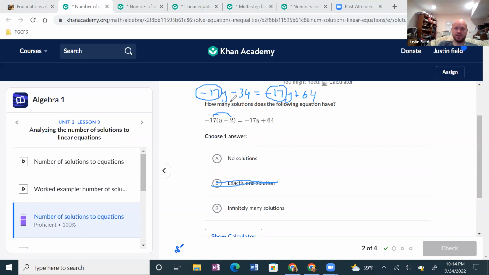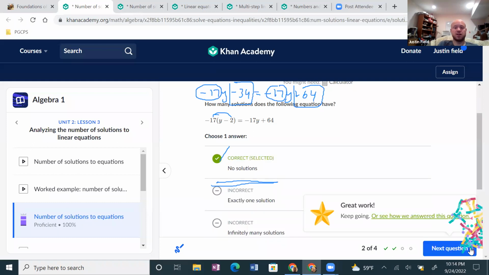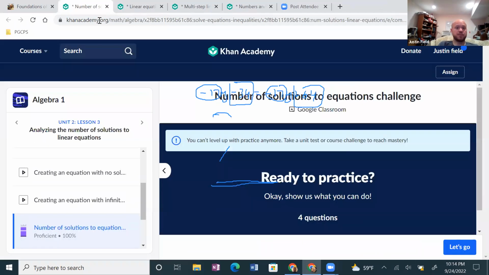This would become +17 and they would cancel. And so now we look at the constant terms. Okay, write that down. If coefficients same, look at constant terms. If the constant terms are different, there's no solution. If the constant terms were the same, you can see there would be infinite solutions. A process of elimination. Okay, so it's one of those 3.